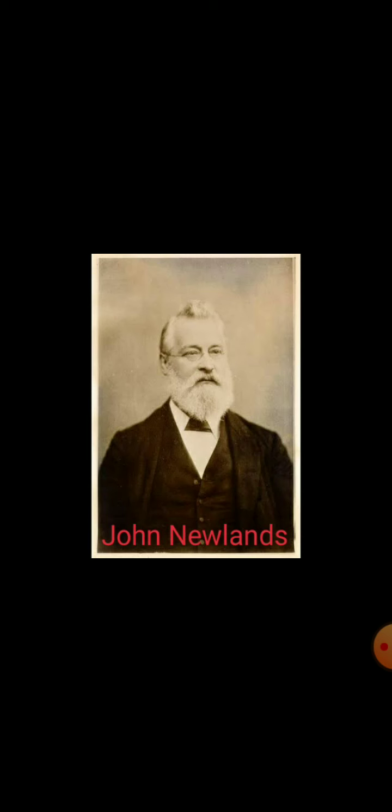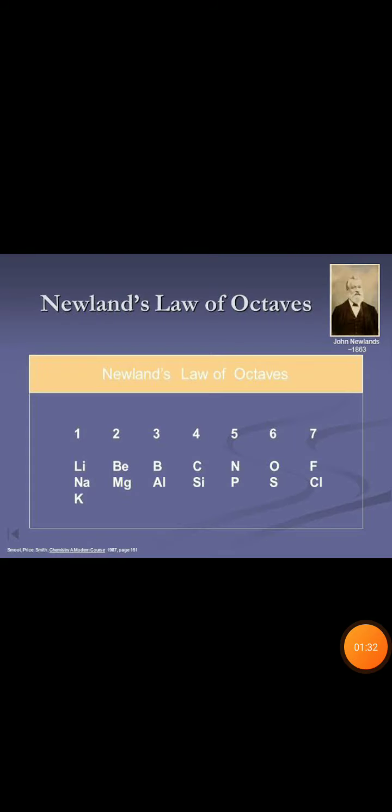So Döbereiner made attempts, and with that idea, Newlands arranged elements in increasing order of their atomic masses. How many elements were known at that time? That many. Newlands started with the element having the lowest atomic mass.